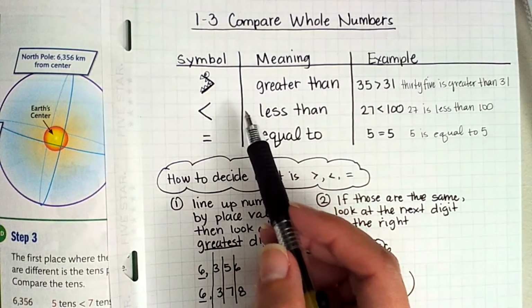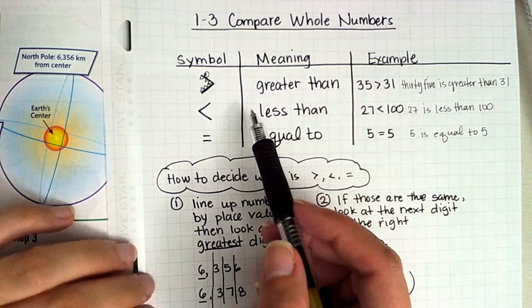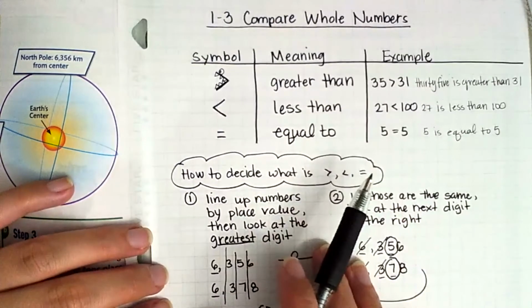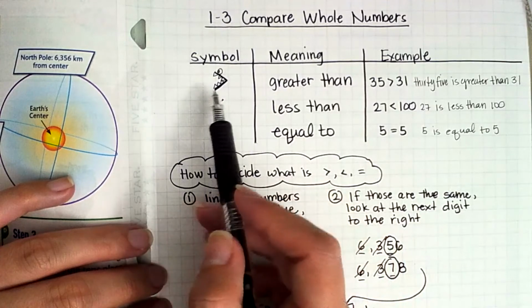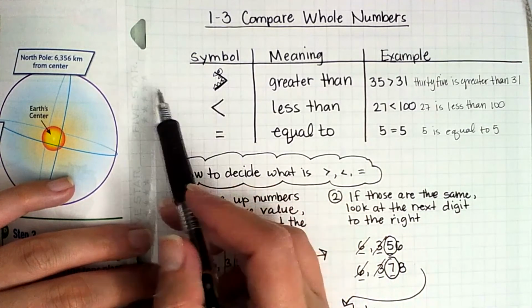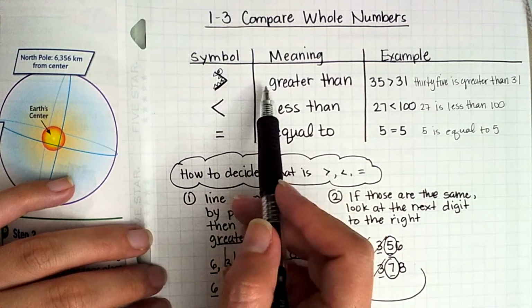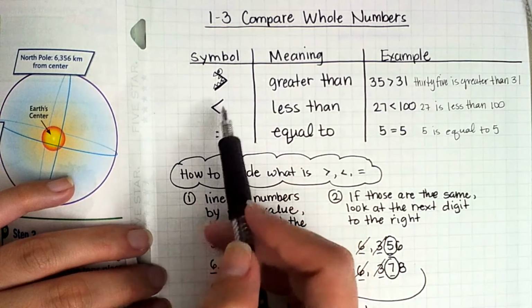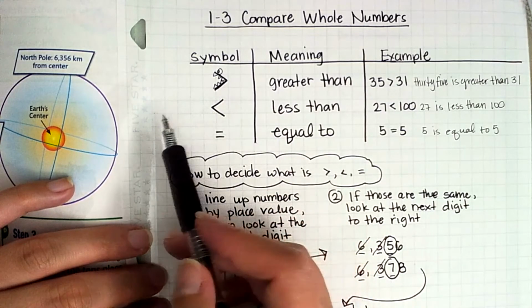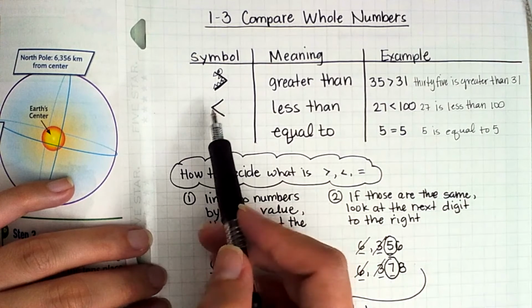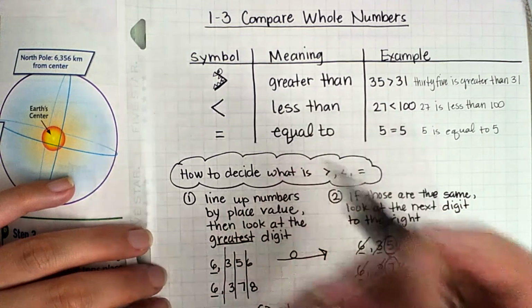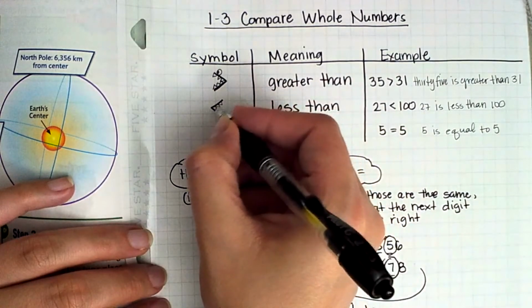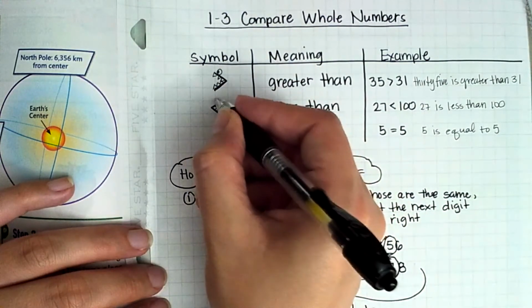Now, when we're reading things like this, we're always reading it the way we read any kind of writing in English, from left to right. So whatever this number is, if the mouth is open to it, we're going to say this is greater than whatever comes after it. In this instance, since it's open to the next number, we're going to say this is less than, right? Because it's turned away. This is less than whatever the next number is after it. So you can put your little alligator teeth here.